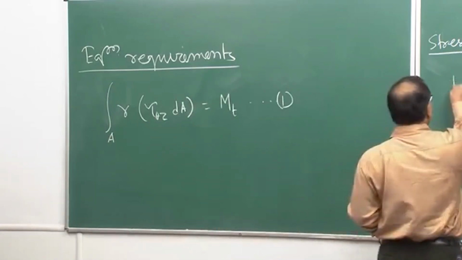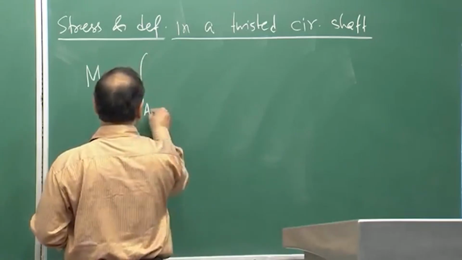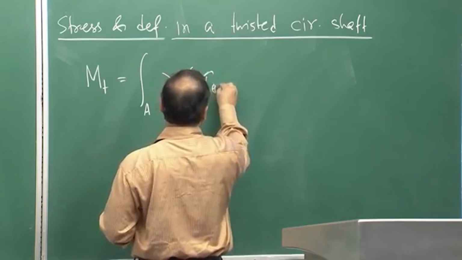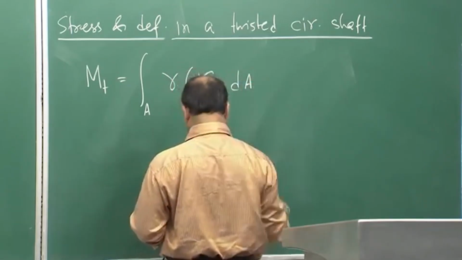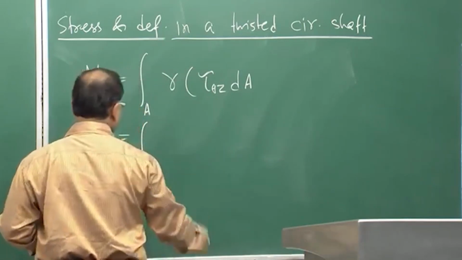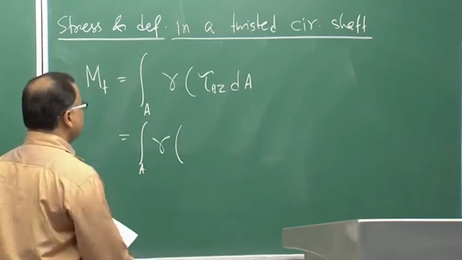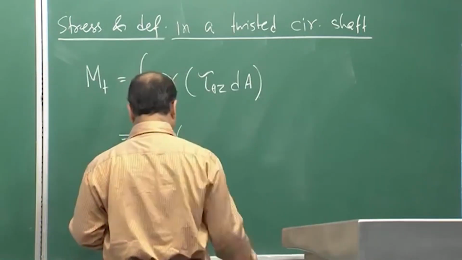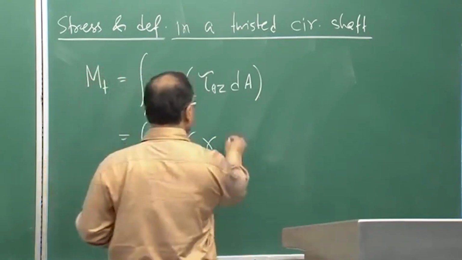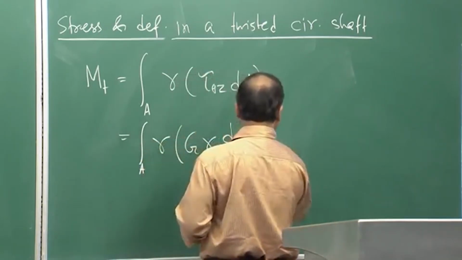From equation 1 we have Mt is the integration over the whole area of r into tau theta z dA. This can be further written as integration over the whole area of r, and instead of tau theta z I can simply write G r d phi dz, the relation already established, into dA.